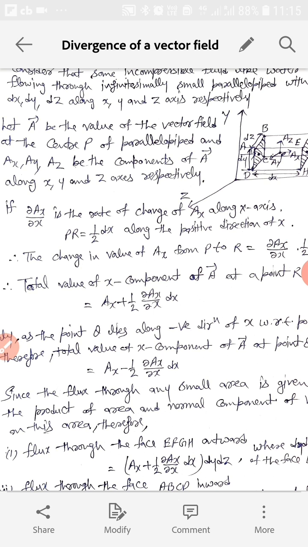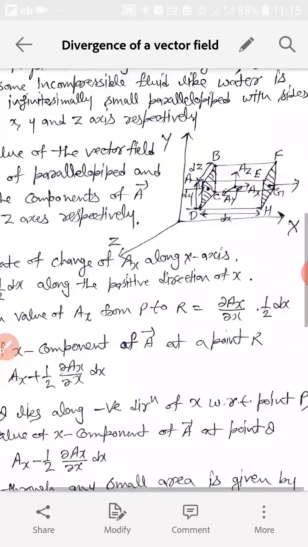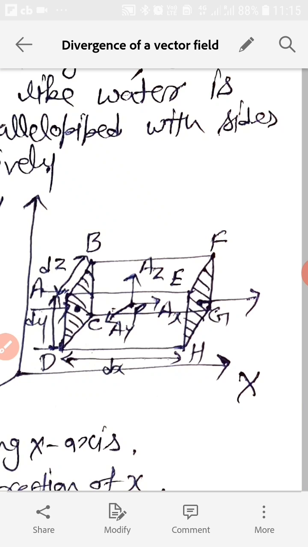So if we calculate the flux through the face EFGH in the outward direction, it will be the component of A at this point R, which we have already calculated, Ax plus 1/2 ∂Ax/∂x dx, multiplied with the area of this face.